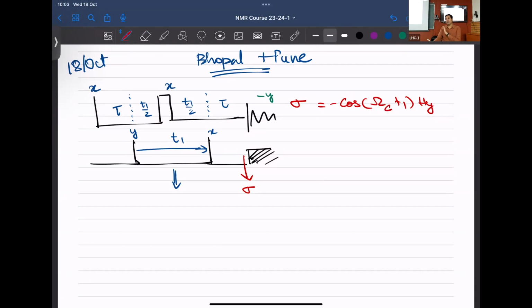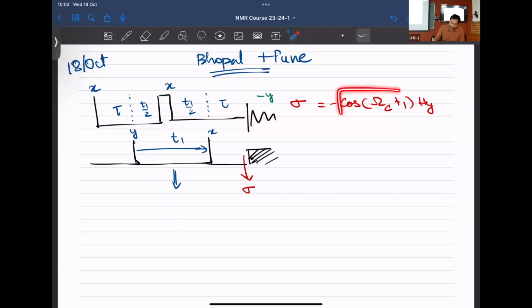So that's the density matrix right before acquisition. And if you keep the receiver phase at minus Y, this will go to plus 1. You can also keep it at plus Y, just that you'll have minus of this one, which means that all will be multiplied by minus 1. That does not make any huge differences to what we look at.